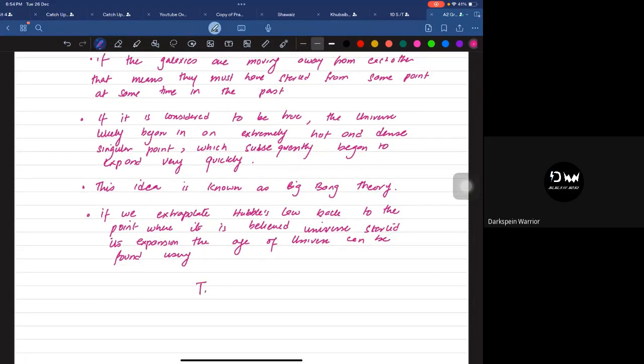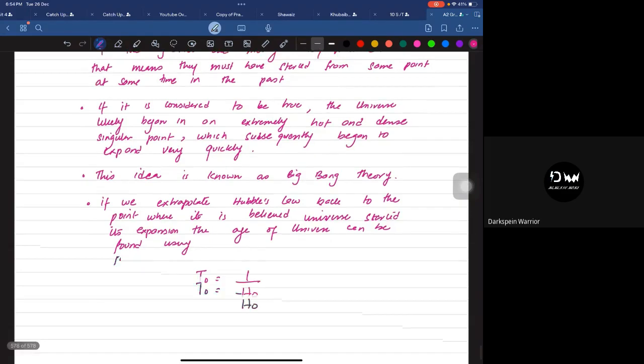The age of the universe is 1 upon the Hubble constant.